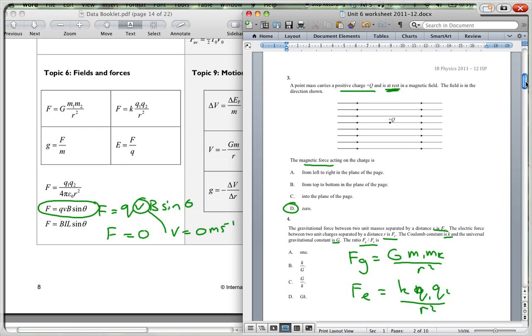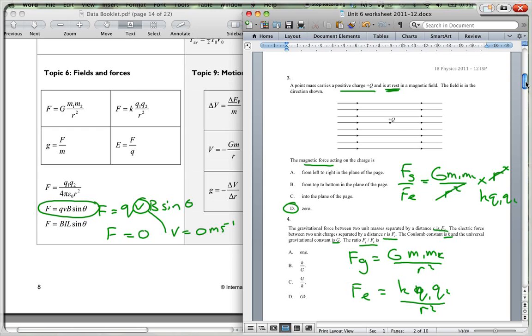So when we're looking at the ratio of Fg to Fe, we're going to divide the one by the other. When we divide, we invert and multiply. So we're going to get G m1 m2 over r squared, times r squared over K Q1 Q2.